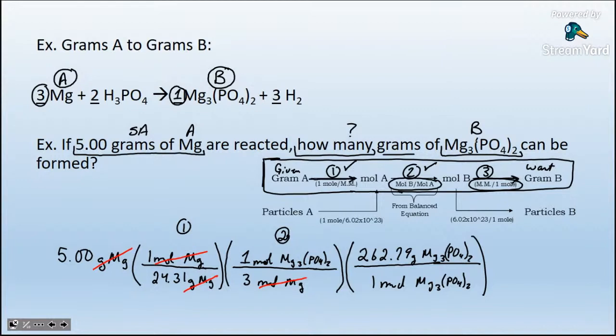Because if all I'm doing is writing down the numbers 1 over 24.31, 1 over 3, 262.79 over 1, it's very easy to lose track of what substance it is that you're working with. Not only that, but by writing down the substance, again, we can visually see that between step 2 and step 3, my moles of magnesium phosphate cancel out, and that's exactly what I want to have happen.